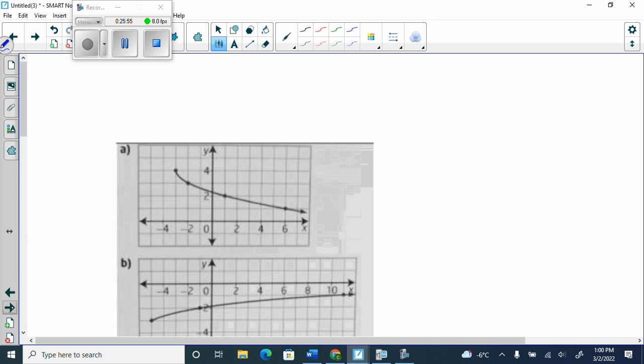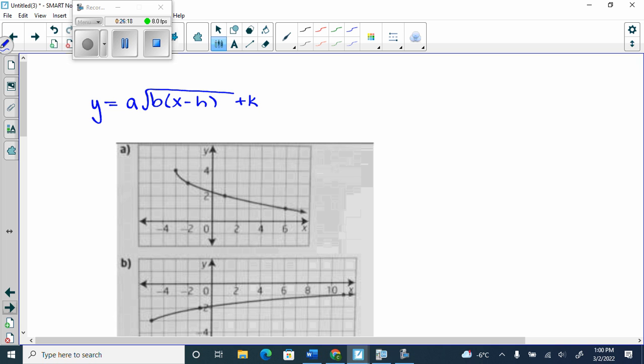It says an equation in the form y equals a square root b x minus h plus k. Now, I told you that the only thing that affects that starting point is horizontal and vertical translation. Do you agree?